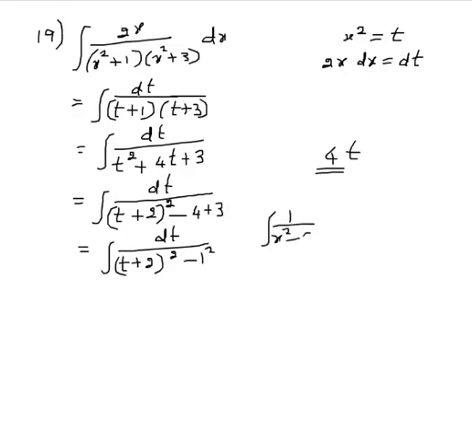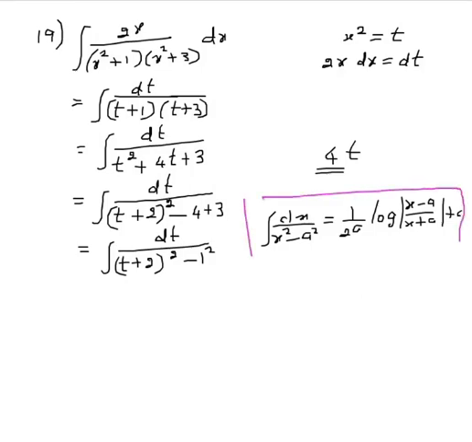Use 1 by x square minus a square formula, which is 1 by 2a log of absolute value of x minus a divided by x plus a, plus c. 1 by 2a, a is 1 here.